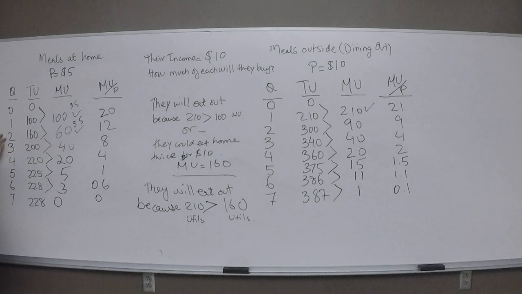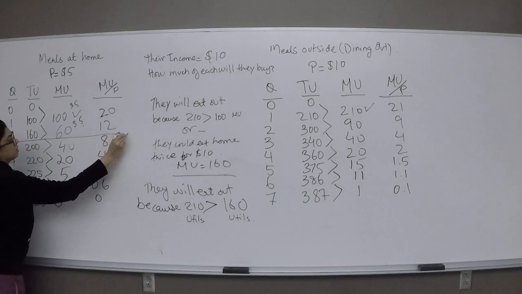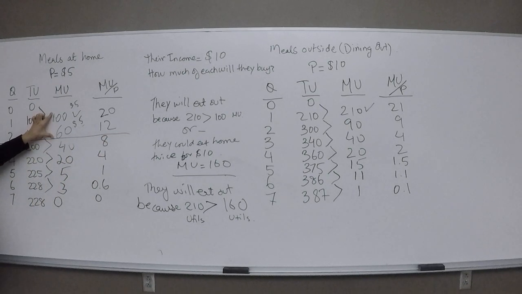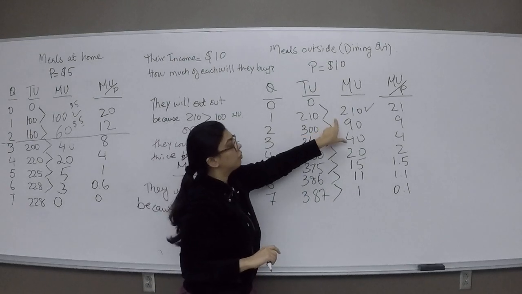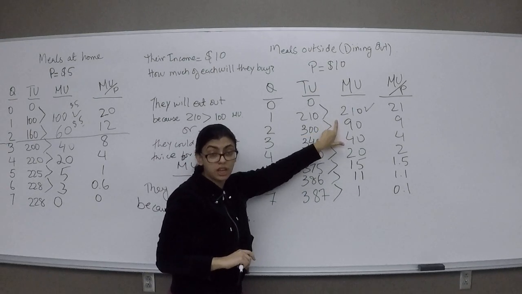The second meal costs you $5 more, so that's a total of $10. You can stop here. The total marginal utility you get from these two meals is 100 plus 60, 160, which is less than the marginal utility you got from eating outside.